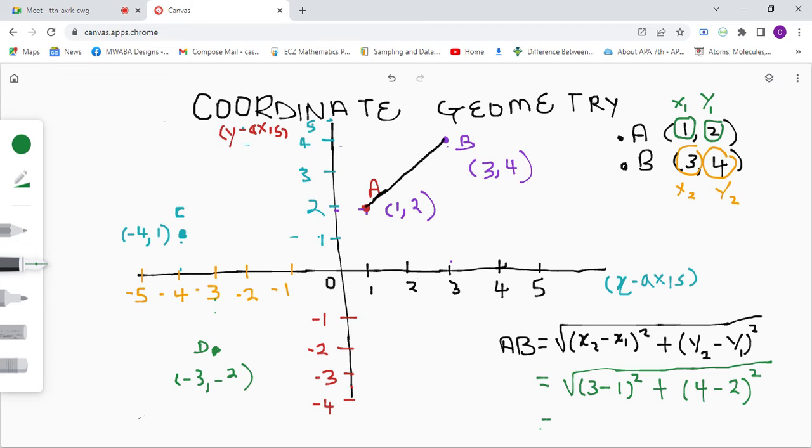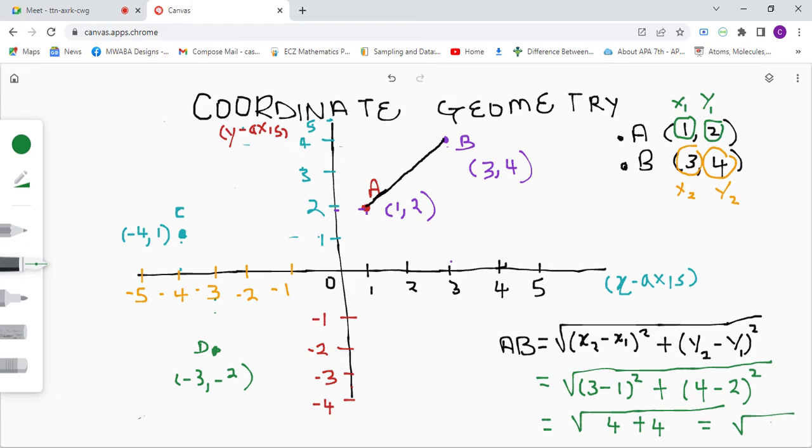So let's do our tabulations here. 3 minus 1, that is 2. 2 squared, that is 4, plus 4 minus 2, that is 2. 2 squared, that is 4. 4 plus 4 gives us 8.